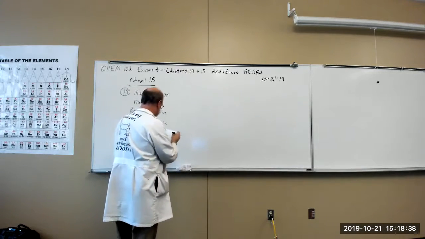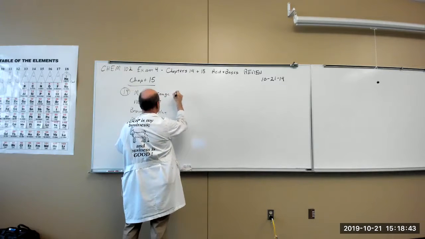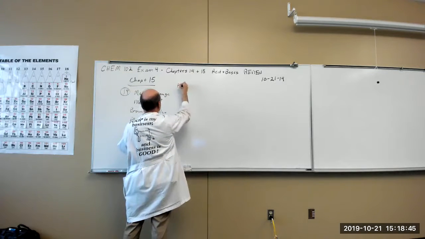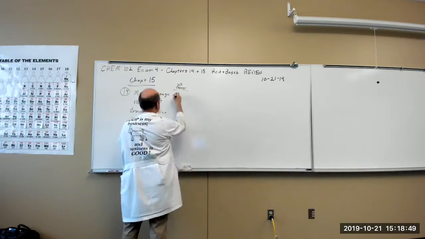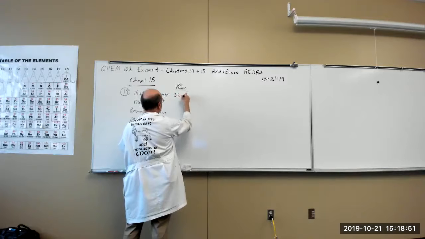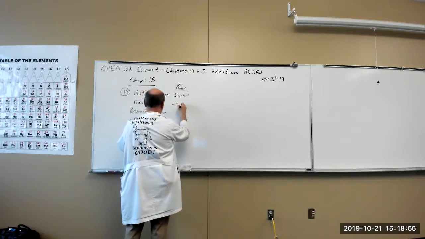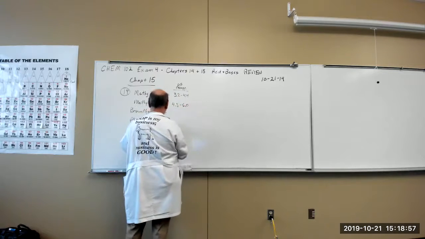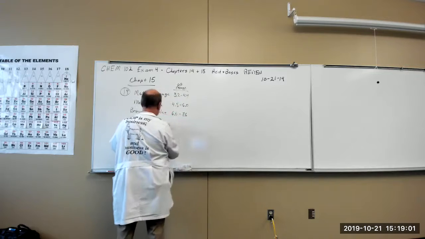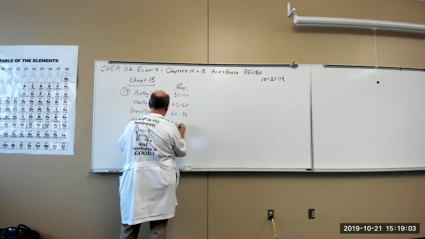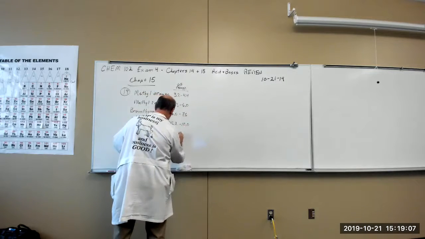The pH range in which these indicators operate: this one is 3.2 to 4.4. This one is 4.8 to 6. This one is 6 to 7.6. This one's 8.2 to 10. And this one is 10.1 to 12.